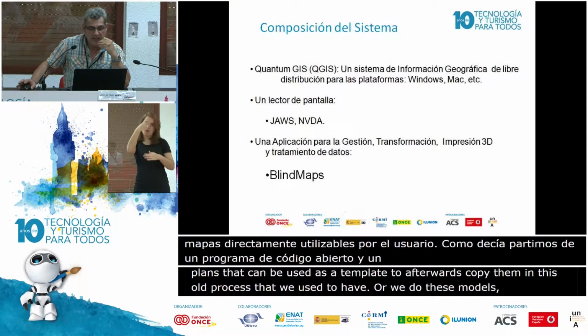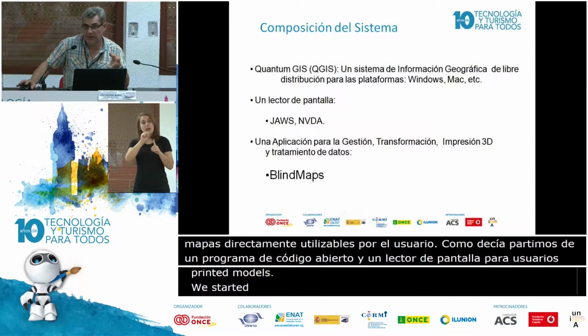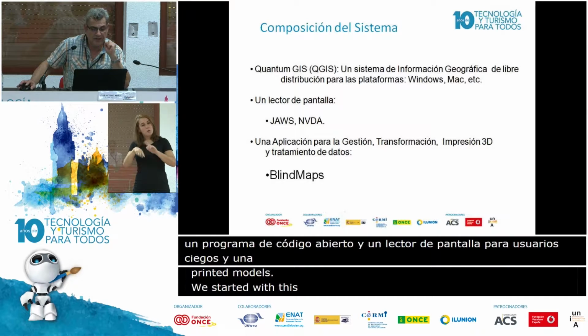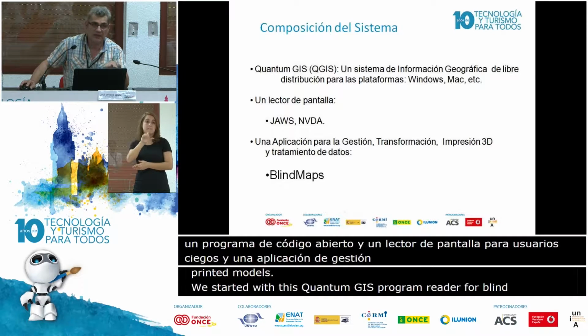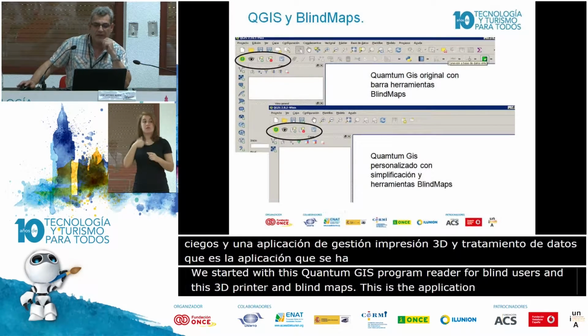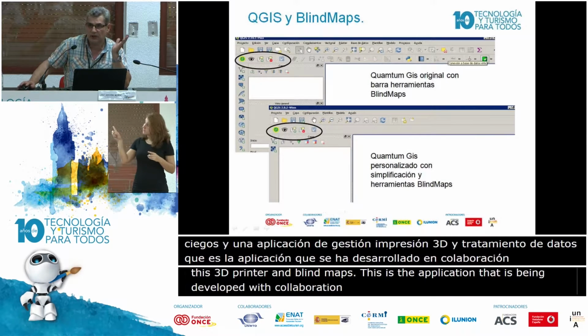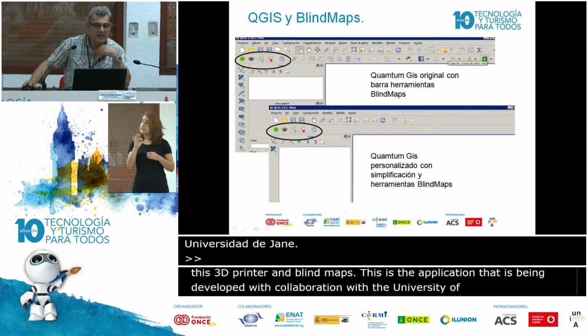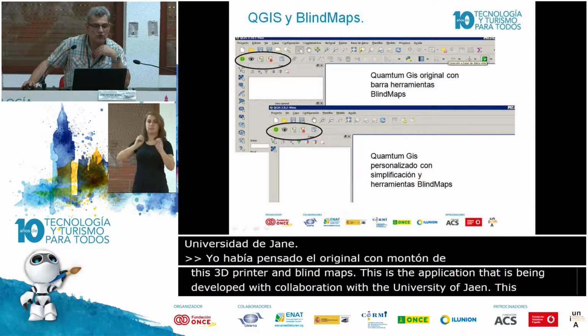We started with this Quantum GIS, a program reader for blind users, and this 3D printer and blind maps. This is the application that is being developed in collaboration with the University of Jaén. This is the Quantum GIS that you see on the map.